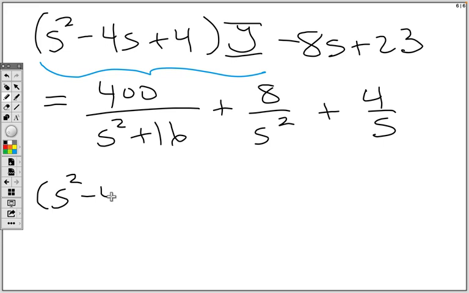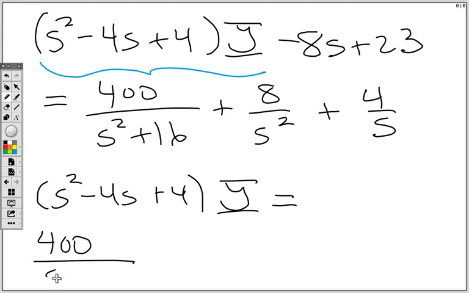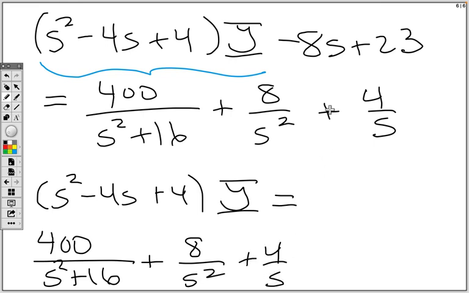So s squared minus 4s plus 4 times Y is going to be equal to all of this. I'll add the 8s over and subtract off the 23.